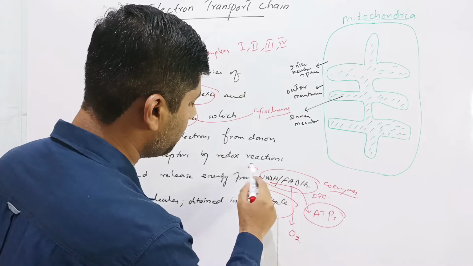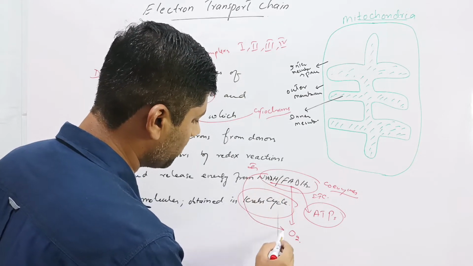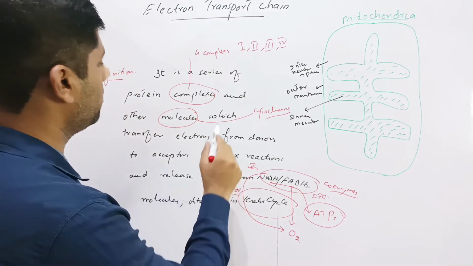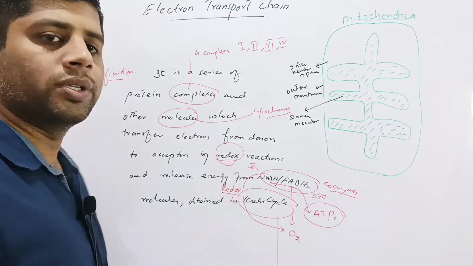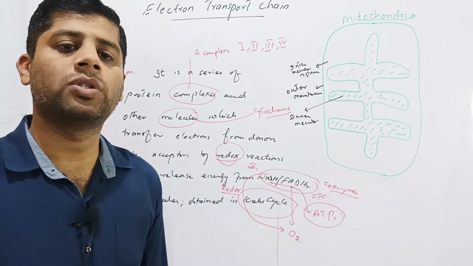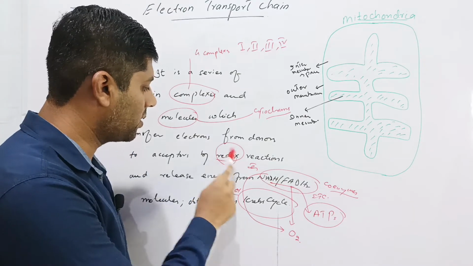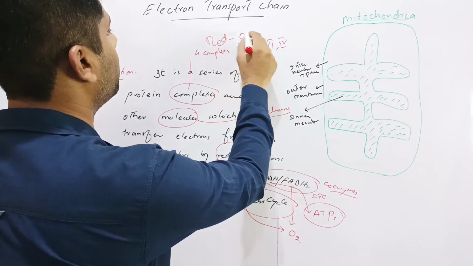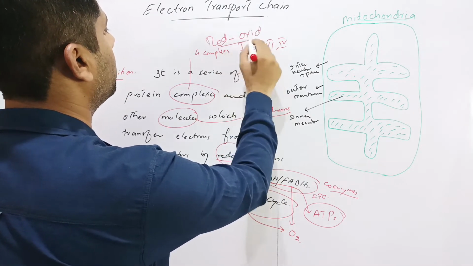When the electrons are being transferred from these donors to acceptors, the process is called a redox reaction. Redox reaction means that during this process, both reduction as well as oxidation reactions are taking place simultaneously. Redox means reduction as well as oxidation.